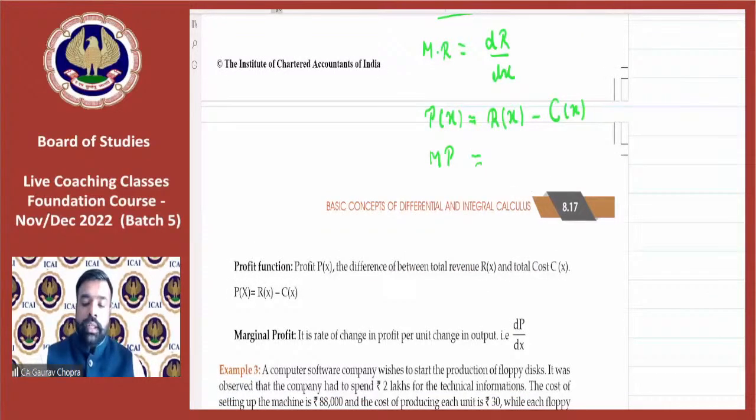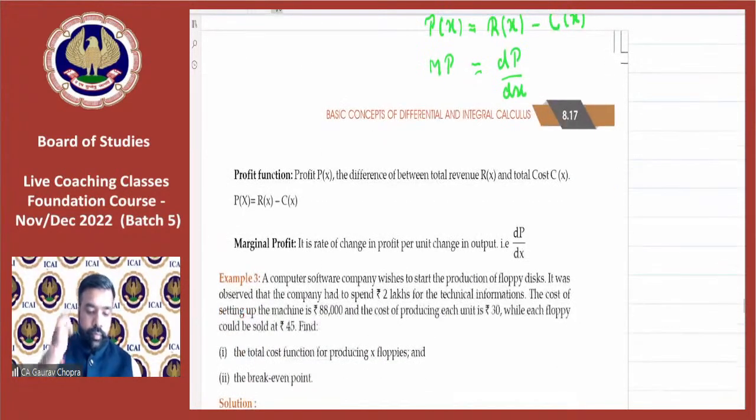So we will differentiate profit with respect to x. Okay, so whenever marginal we have to calculate, just differentiate the function and we will get the marginal value. All right.